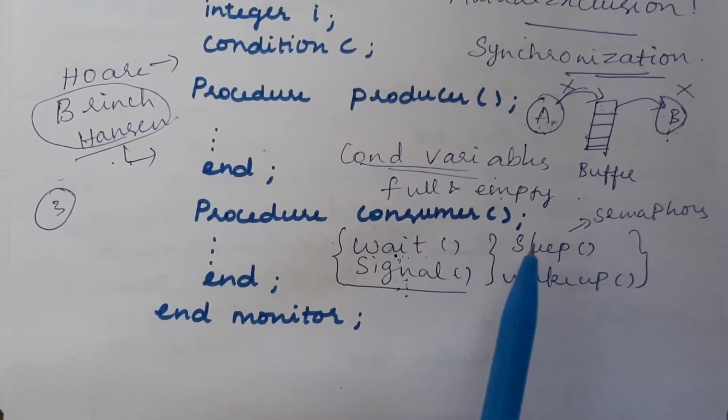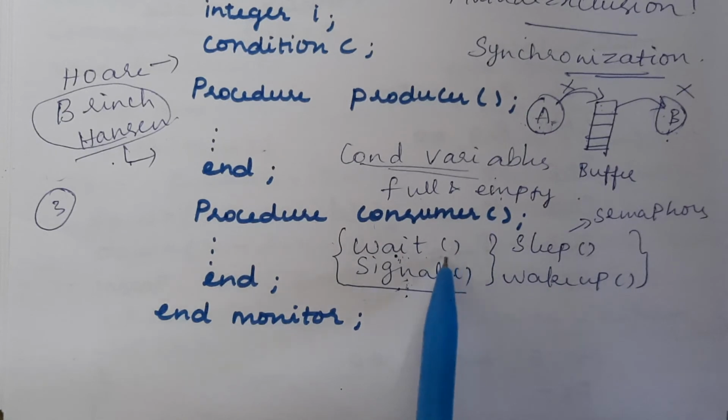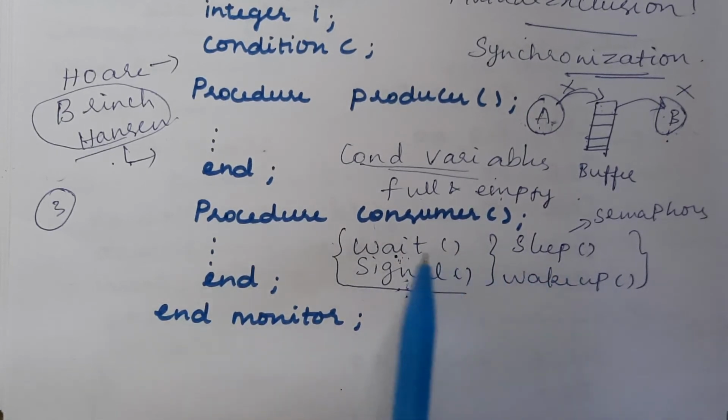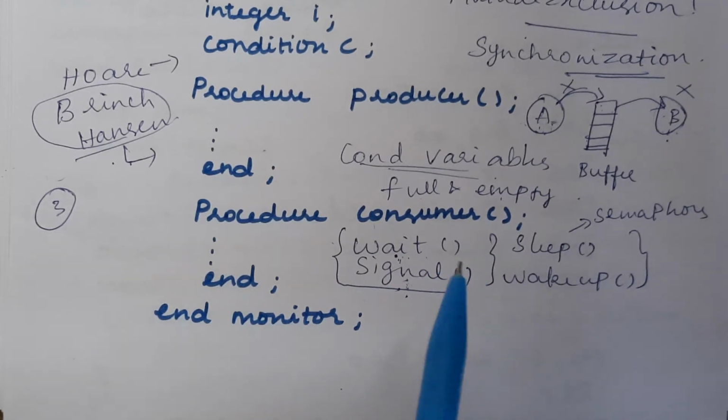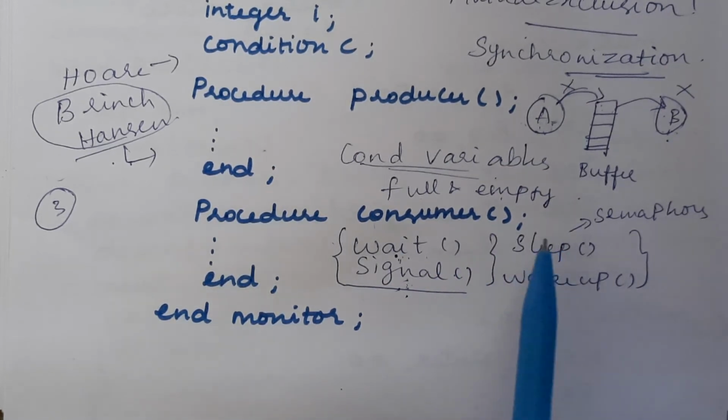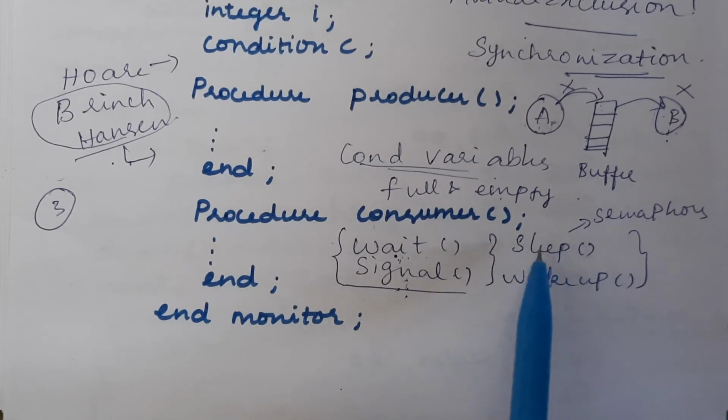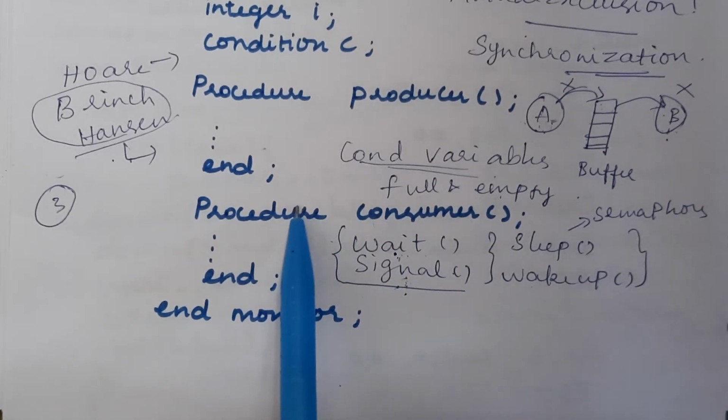Finally, I want to tell you the difference between the semaphore operations and the monitor operations. Both look similar, but what could be the difference here? Already we discussed the sleep and wake up operations on the same producer and consumer problem.